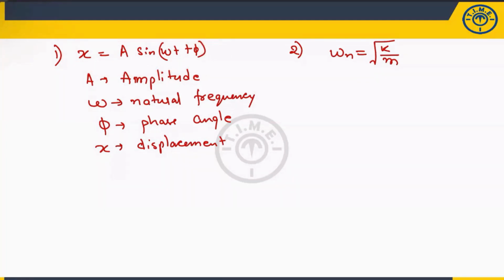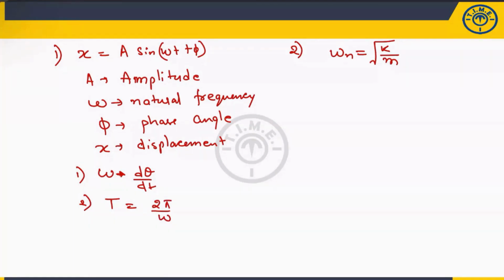This is basically the natural frequency, sometimes also called angular frequency ω, which is dθ/dt. Second, they can ask you what the time period will be. How will you calculate it? The time period is 2π/ω, meaning how much time it takes to complete one cycle.